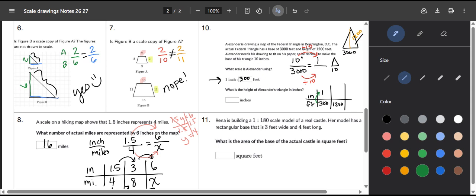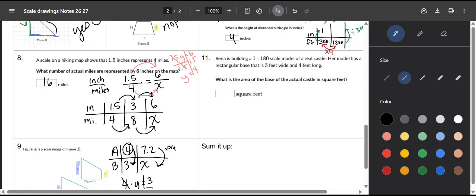I would divide by 300. That's one way. Or, how would I go from 300 to 1200? I would multiply by 4. And you can see that one's a little bit easier to do with mental math, but either way, you're going to get the same answer, 4 inches.